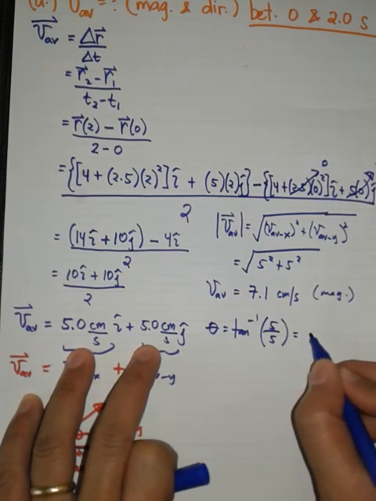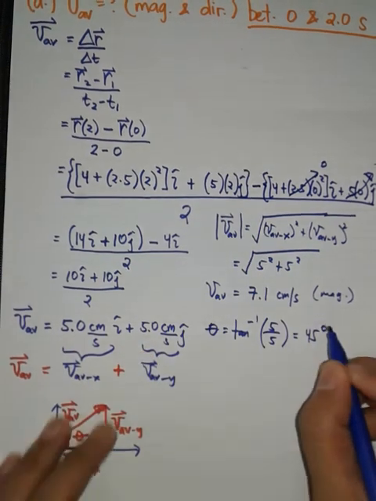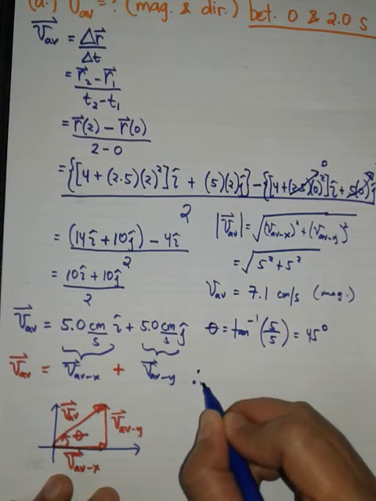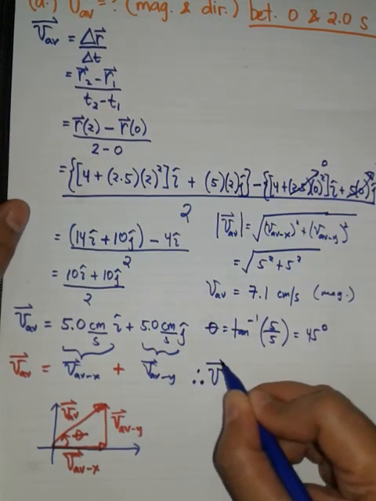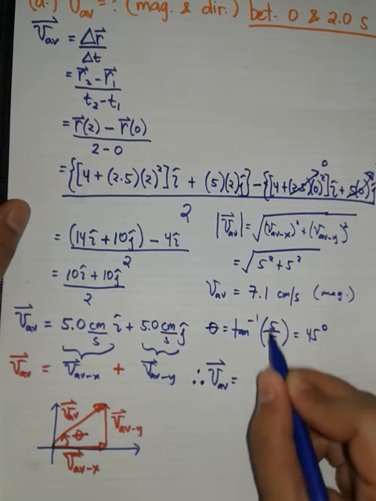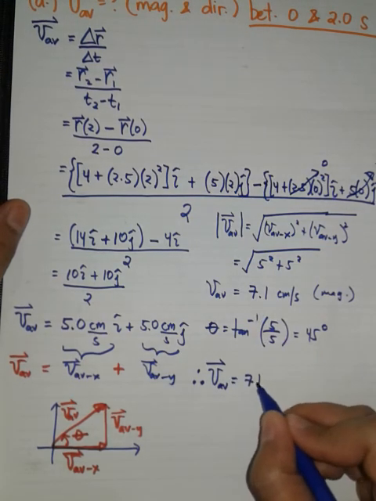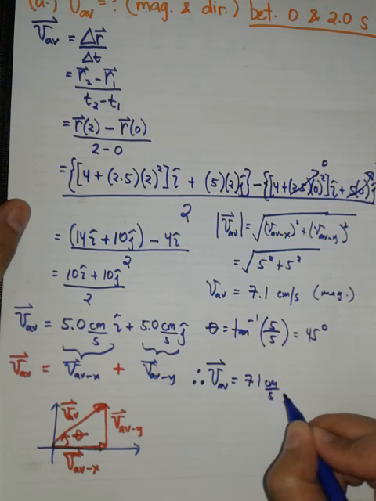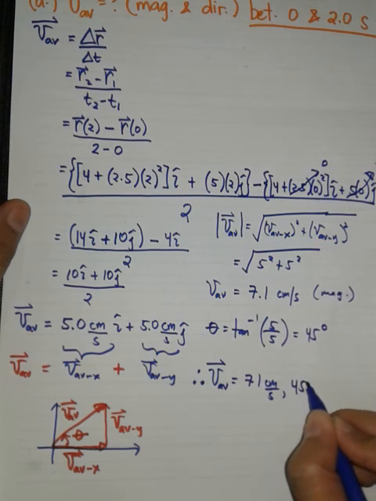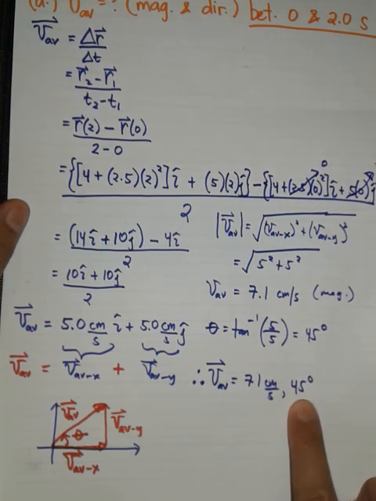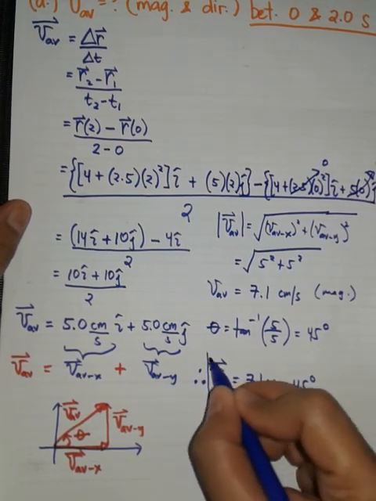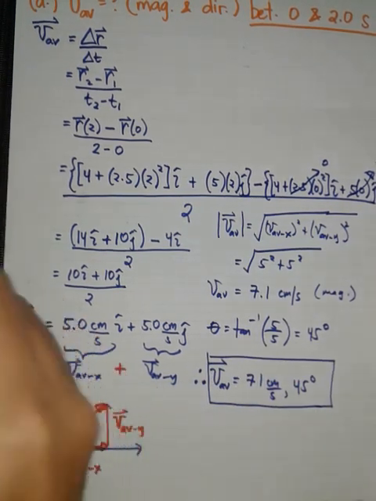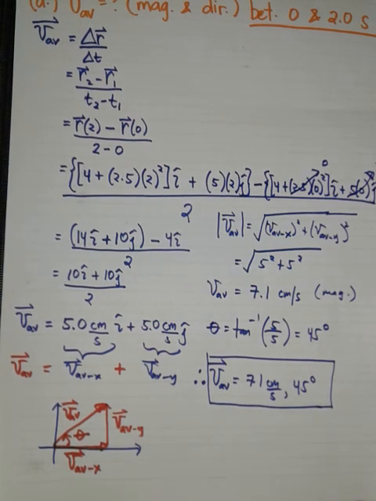So, this will be 45 degrees. Therefore, in our final answer for average velocity, we now show it as a vector with magnitude 7.1 cm per second going towards 45 degrees. This is standard position angle, so there's no need to write north of east. Okay? So that is now our answer for letter A.